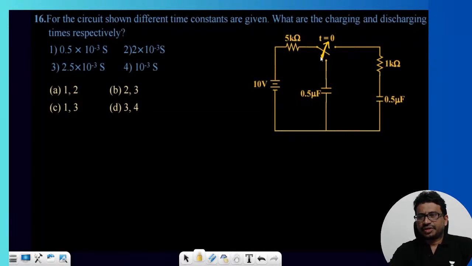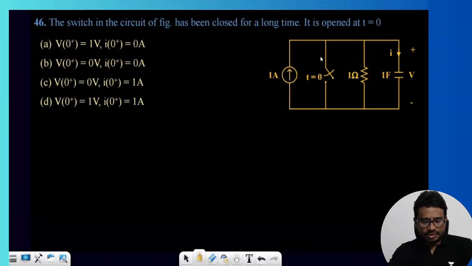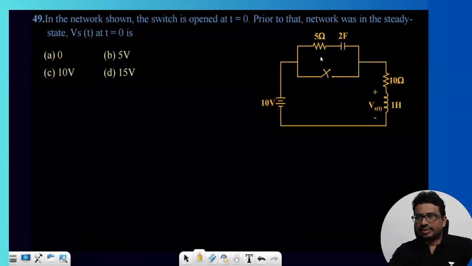Then you can simplify it. Done. So last class we did some problems. Now let's see the remaining problems.